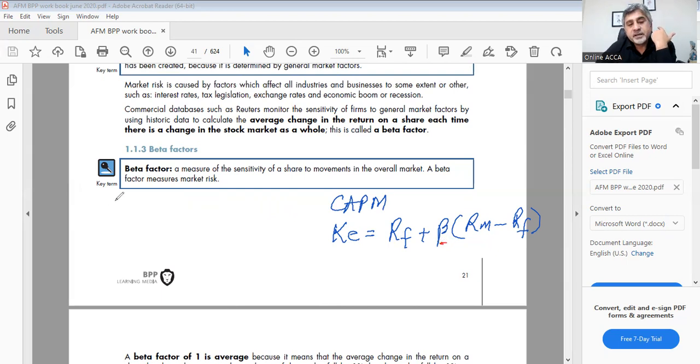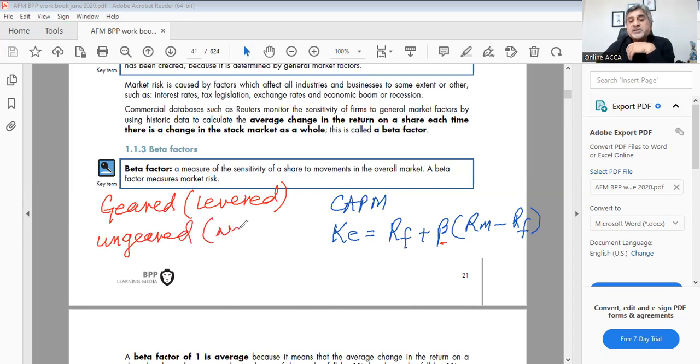Very straightforward. Is the company a geared company? Geared, which is called levered. Geared or levered means you have debt. Or do you have an ungeared company? Ungeared means there is no debt.